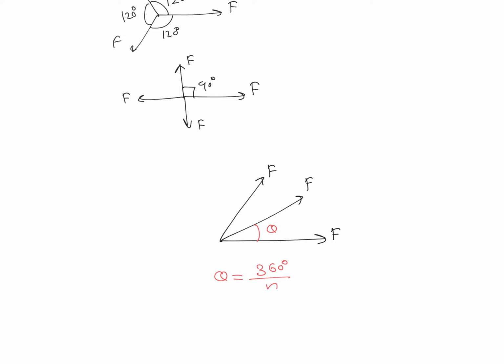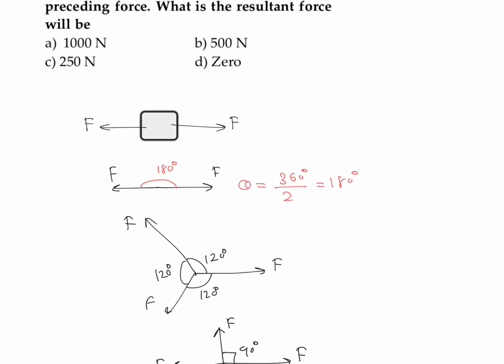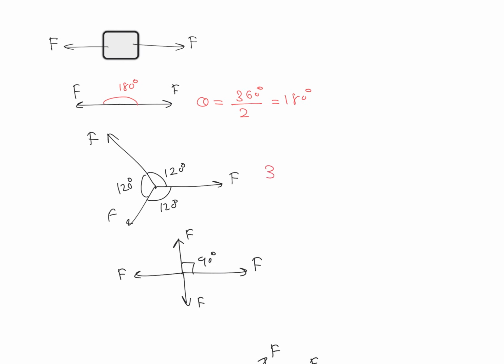In the first situation, theta is 360 degree divided by 2, since the number of forces was 2, so we get 180 degree. In the second situation there were three forces, so 360 degree divided by 3 gives 120 degree. In the third situation, it is 360 degree divided by 4, which gives 90 degree.